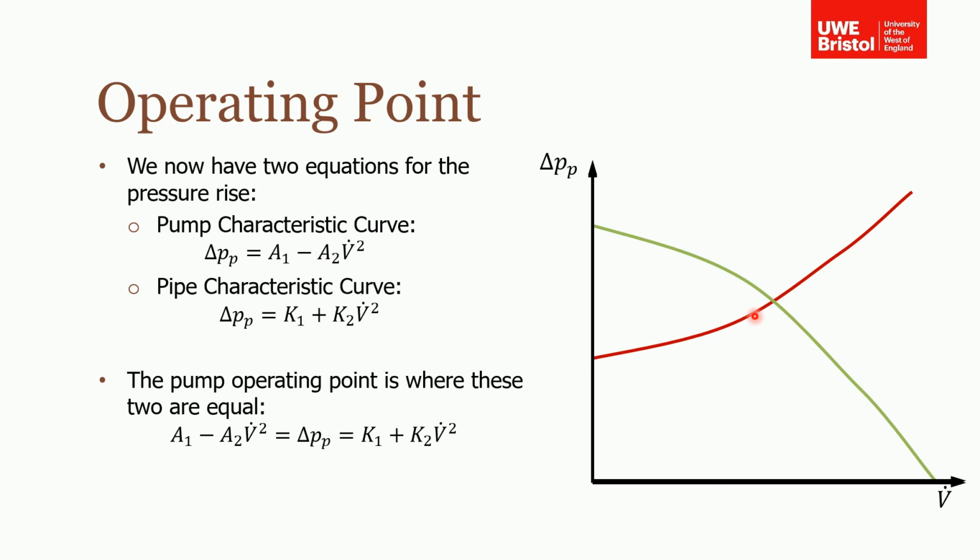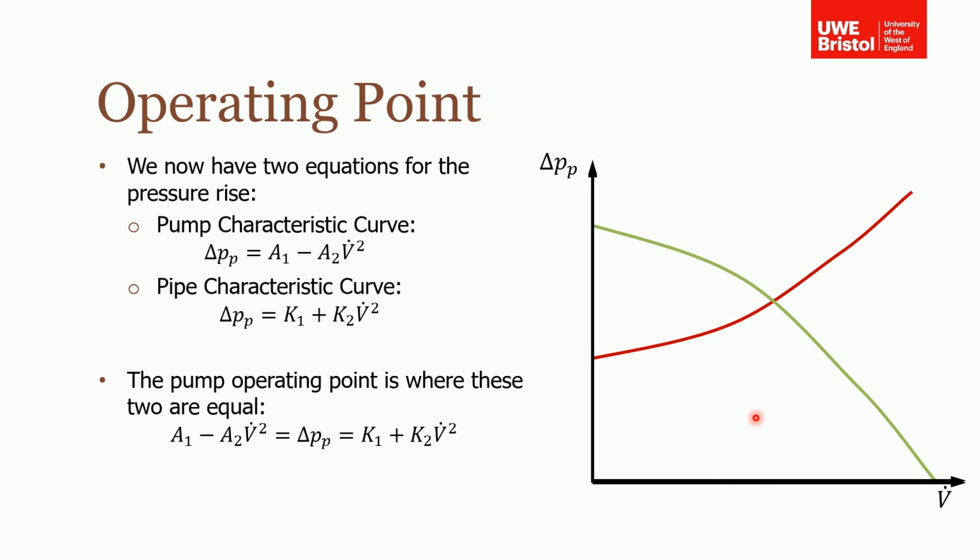So we have effectively our pipe characteristic curve and our pump characteristic curve. Now the operating point for the pump is where these two curves cross, or in other words where they're equal to each other, the pressure rise. If we set these two equations equal to each other, this is what we get here, or shown graphically you can see it's the point where the two curves intersect.